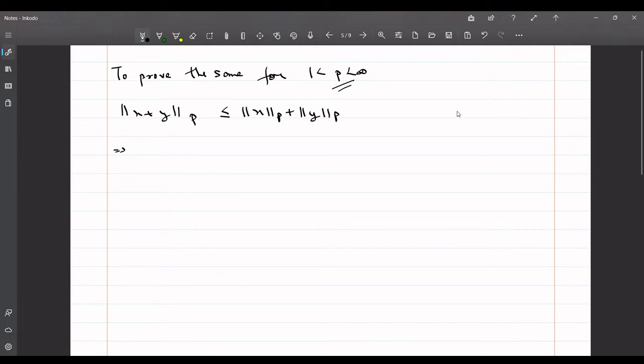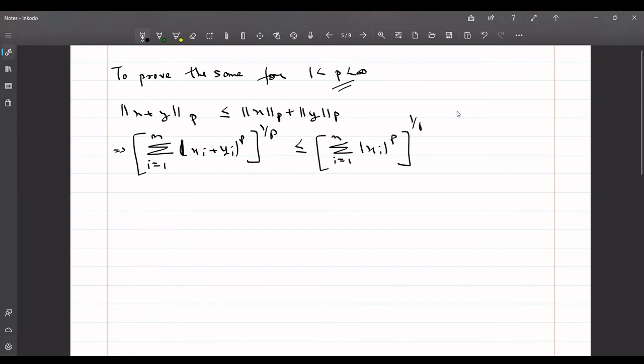Using the definition of the norm, we can write this as the summation i equals 1 to n of mod of xi plus yi to the power p, whole raised to the power 1 over p, is less than or equal to the summation of mod of xi to the power p, whole raised to the power 1 over p, plus the summation of mod of yi to the power p, whole raised to the power 1 over p. And this inequality is what we call the Minkowski inequality.